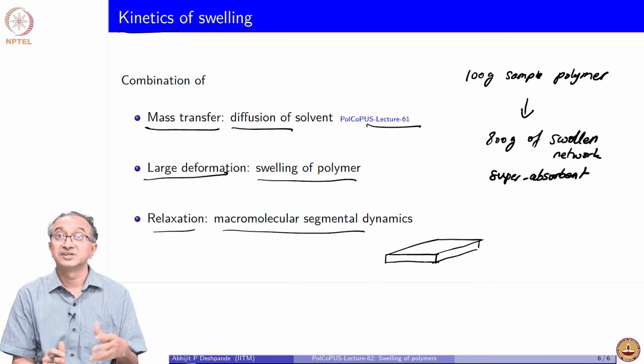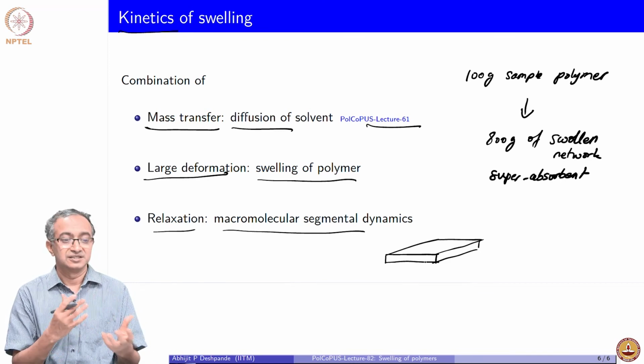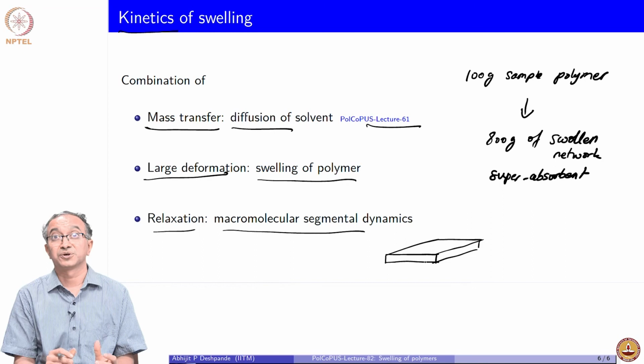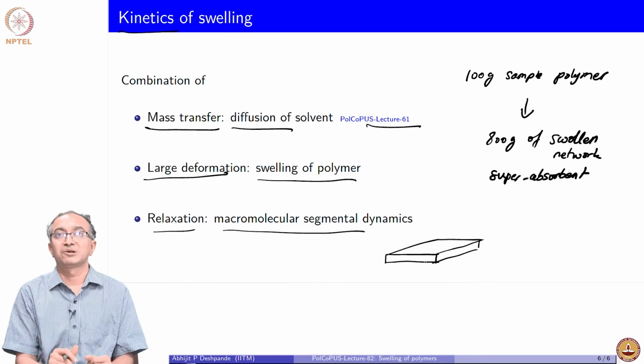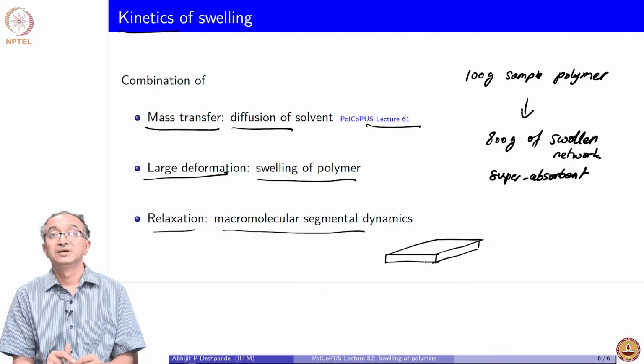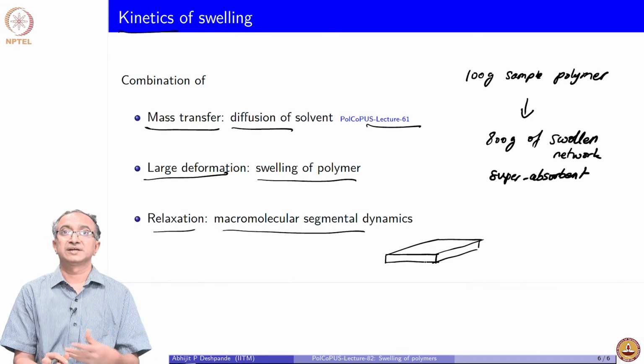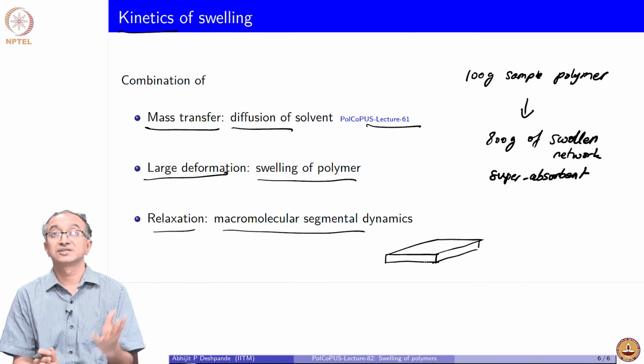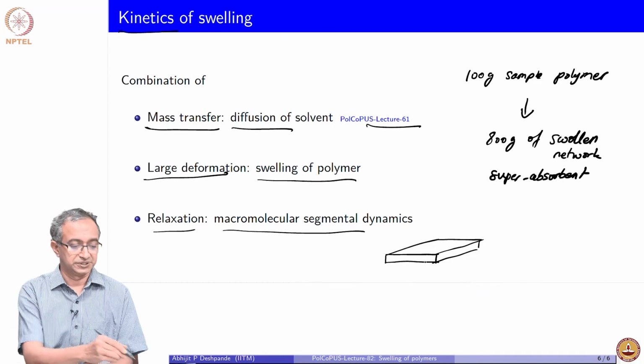And so, generating smart polymers, generating sensors, generating actuators, the swelling behavior can be extremely important. And we have already seen the example of drug delivery, where again swelling and leaching out phenomena are extremely important. So, in such all these applications, not only the amount of solvent that can come at equilibrium, the kinetics of swelling is also equally important.